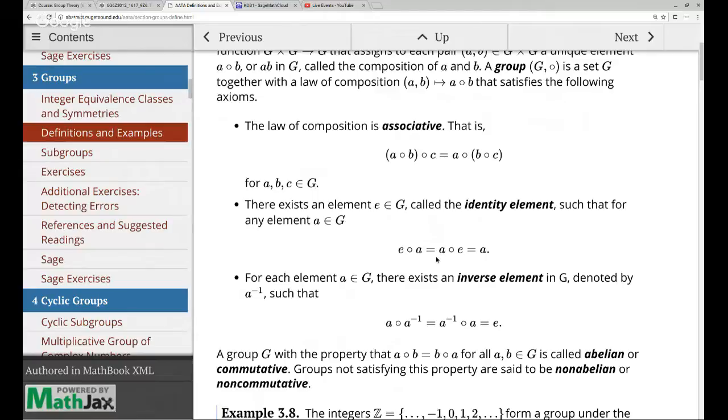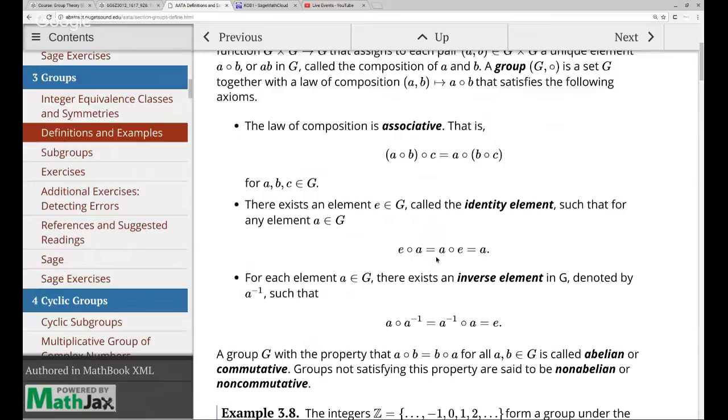What's left a little bit vague is, for instance, it says there exists an element. It's a little bit vague on whether there's one and only one element like this. So it's not specifying that there's one and only one element. Maybe there could be a few identity elements floating around. That's something which will settle very soon.